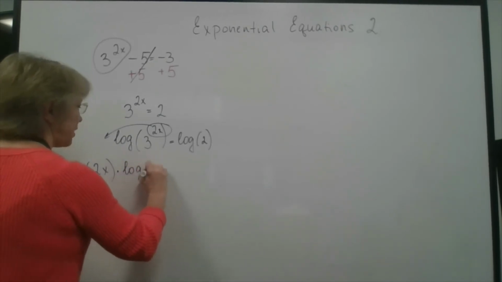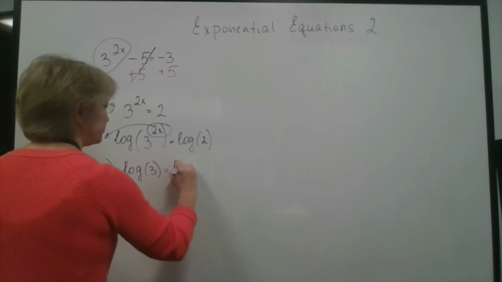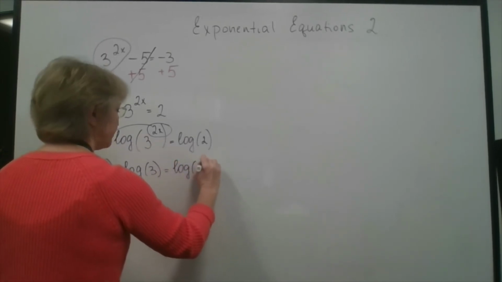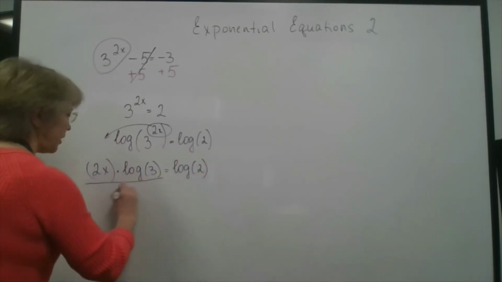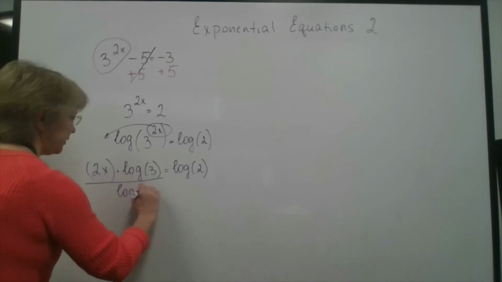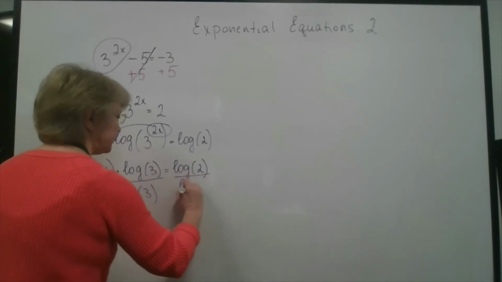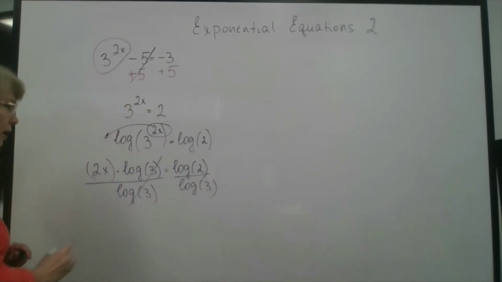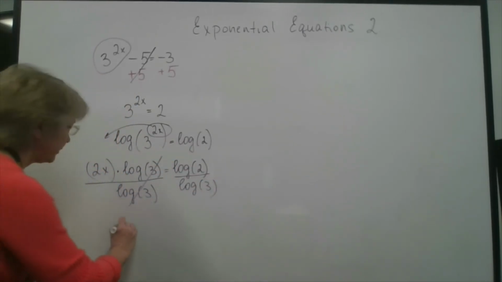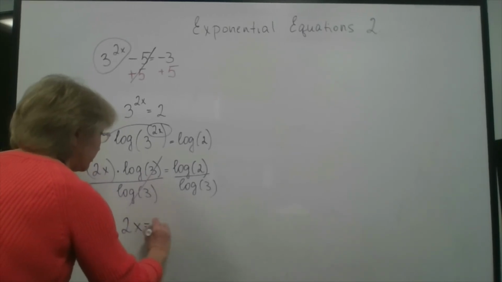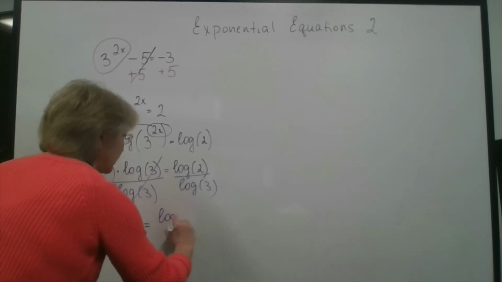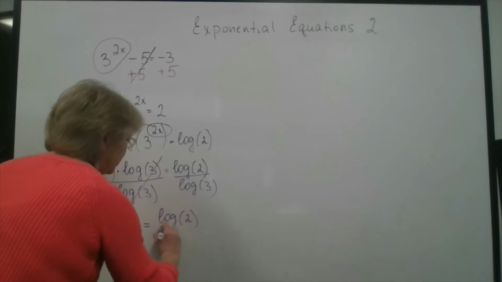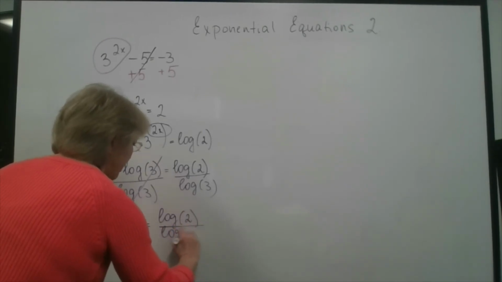A logarithm of 3 equal to a logarithm of 2. We will divide by a logarithm of 3 on both sides. And at this point, we will have 2x equal to a logarithm of 2 divided by a logarithm of 3.